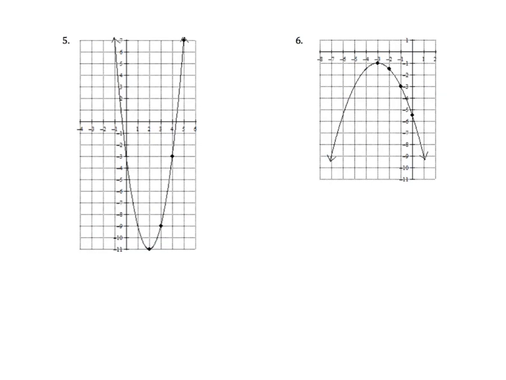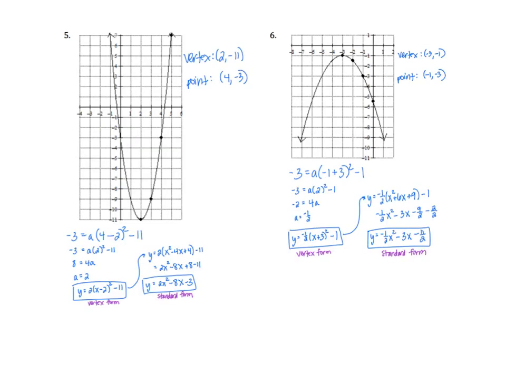Okay, I'd like you to write the equations of the parabolas for number 5 and 6. Press pause. When you're ready for the answer, press play again. Okay, so again, my vertex here is at 2, negative 11. The point I happened to choose was 4, negative 3, but I really could have chosen any point, such as 3, negative 9.